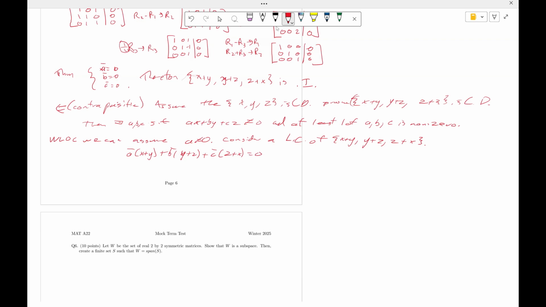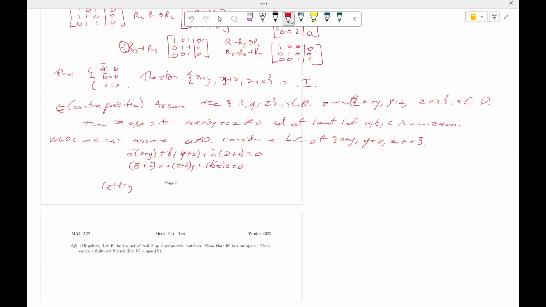We want to show that one of these constants can be non-zero. And to do this, we're going to expand and get (a bar plus c bar)x plus (a bar plus b bar)y plus (b bar plus c bar)z equals 0.